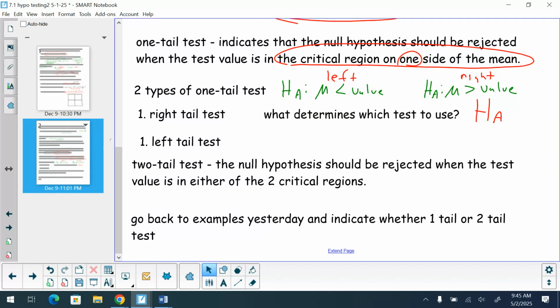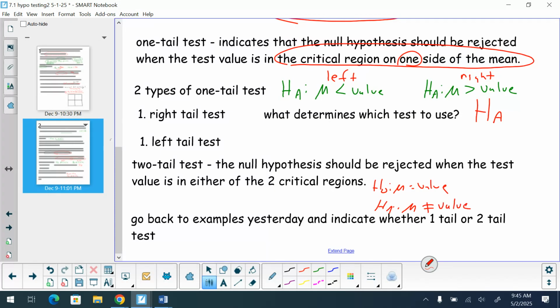A two-tailed test is when your null and alternate hypotheses are equal to and not equal to. That will give us a two-tailed test.